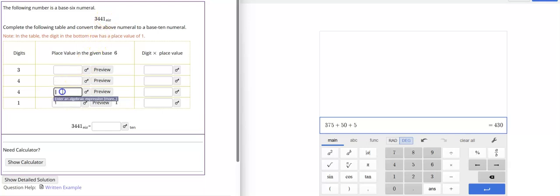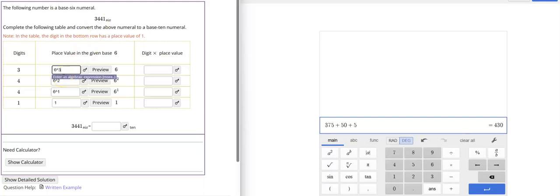The second digit from the right has place value 6 to the power 1. The third digit from the right has place value 6 to the power 2. And this 3, the leftmost digit of the numeral, has place value 6 to the power 3.